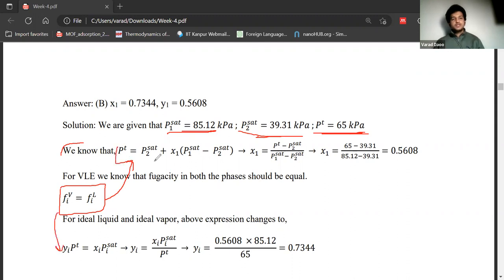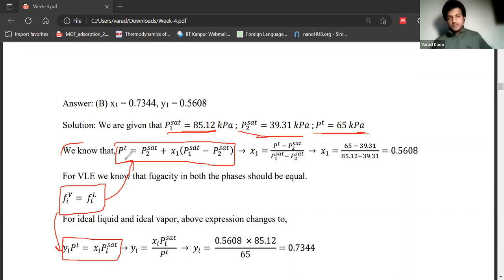One expression will be this one, and another expression will be this one. Using these, you will be able to find both x1 and y1. I'm not doing the derivation of this expression, because it's quite common and has been taught in this course. Refer to the lecture videos.